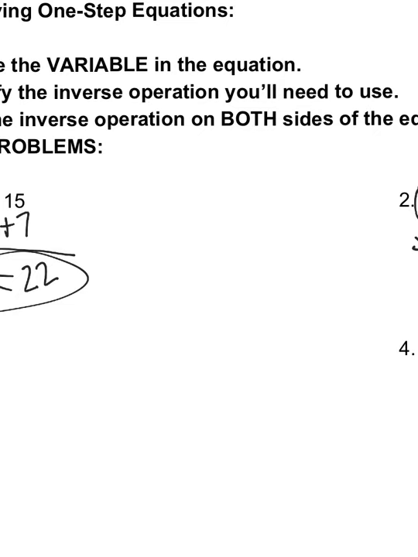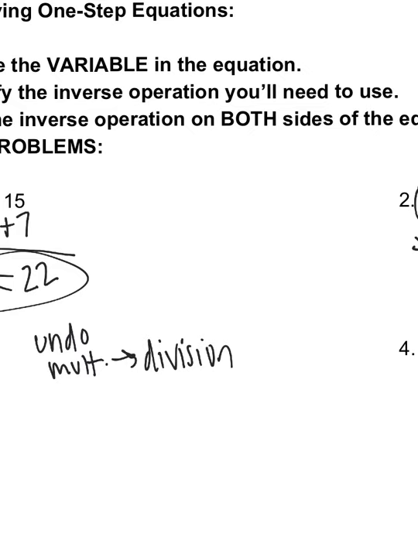All right, then we look at number 3. Well, what's happening if we have 8y? If there's no symbol, that means I'm multiplying. So 8 times y. All right, to undo multiplication, we need to use division. That's our inverse operation here. So I'm going to circle my variable. I want to get that thing by itself. So I need to divide both sides by its coefficient, which is 8.